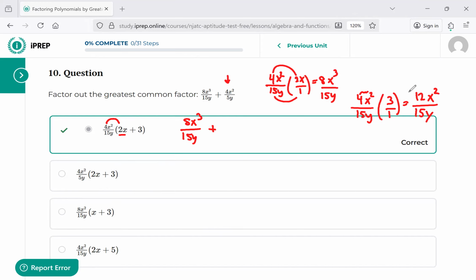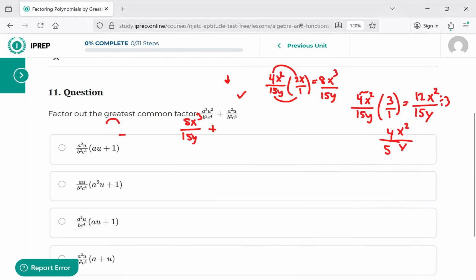Is this wrong? No, because 12 and 15 can be reduced by at least 3, right? So 12 divided by 3 is 4. 15 divided by 3 is 5. And then the x squared and the y stay the same, and you get this. So that's why I chose that one. Good.